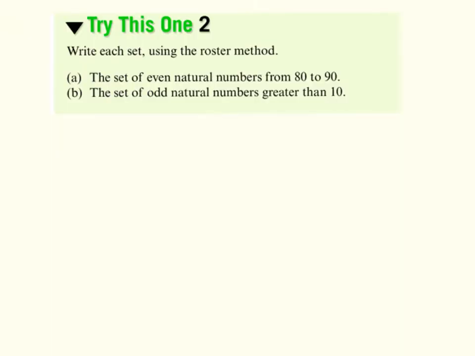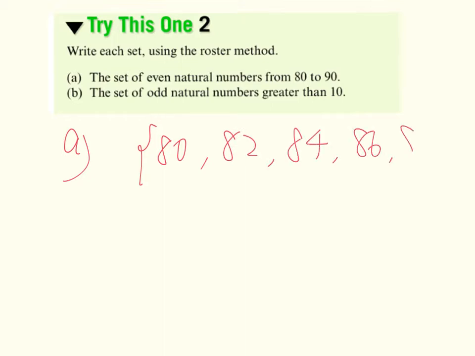Let's try this. Write each set using the roster method. A, the set of even natural numbers from 80 to 90. It goes from 80, and it's even and natural, so 80, 82, 84, 86, 88, and 90.